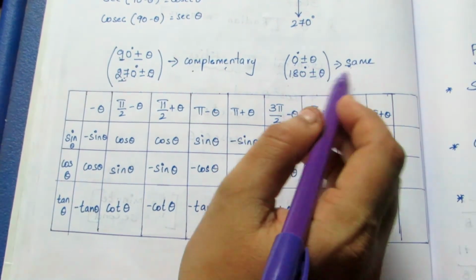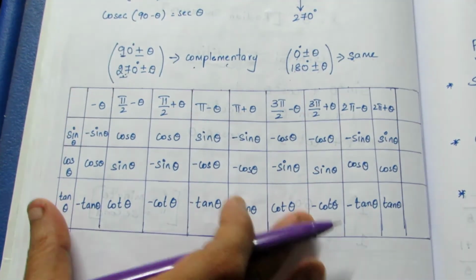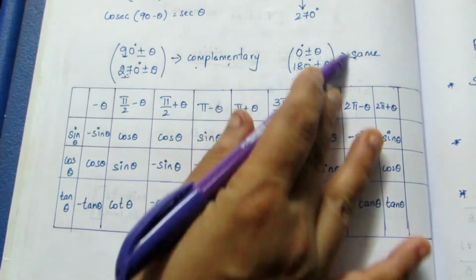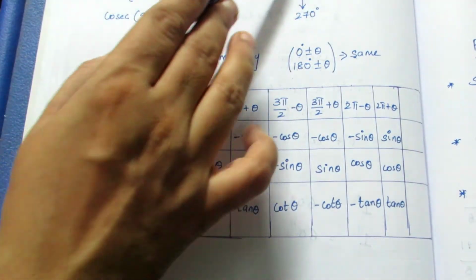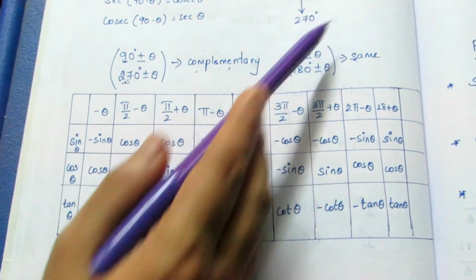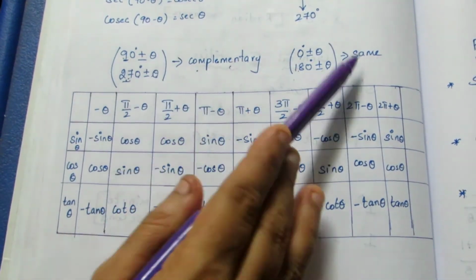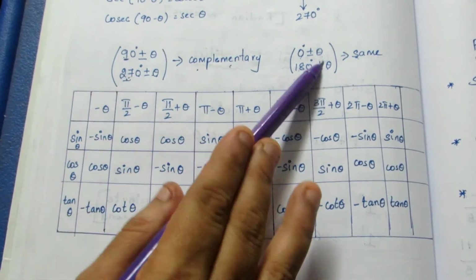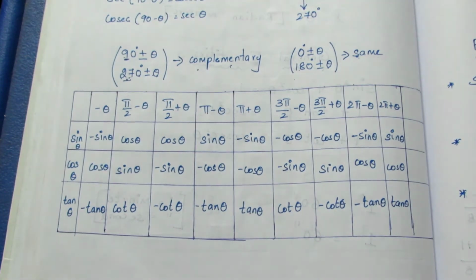So just remember, in this way it will be easy for you to understand. It depends on the sign of the quadrant and the complementary or the same. So this table, no need to mug it up. If you know this, we can easily mark this.